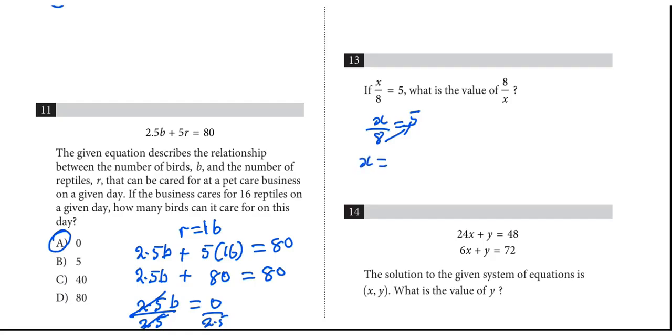So x will be equal to 8 times 5, and this will give us 40. So now let's substitute this value into this. So automatically this will become 8 over 40, which is equal to 1 over 5. So this is the answer to the question, 1 over 5.